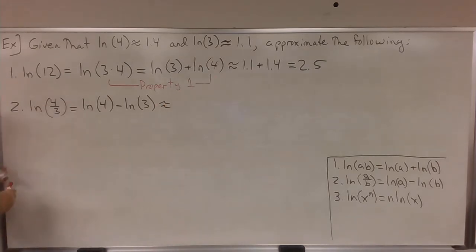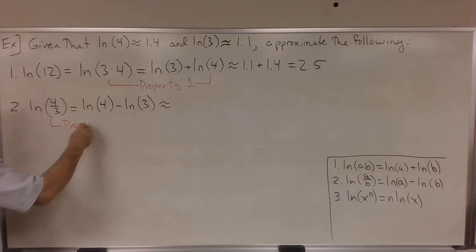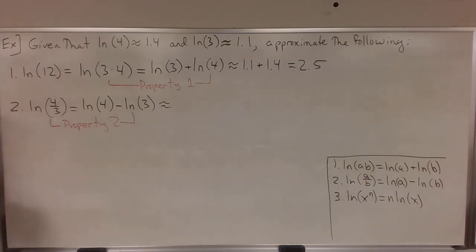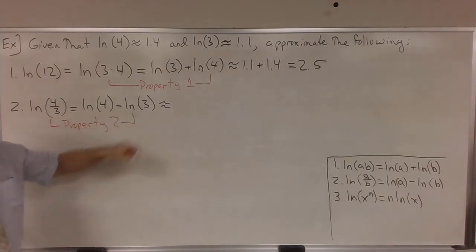and I might as well write property 2 here. And we know what these guys are approximately equal to, 1.4 and 1.1.